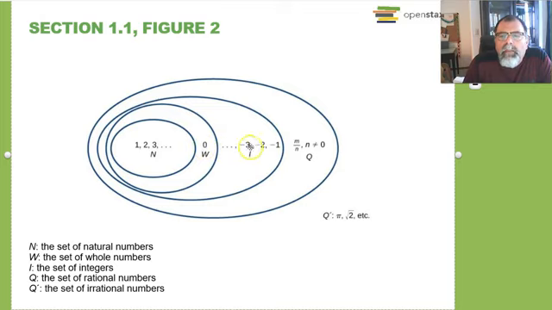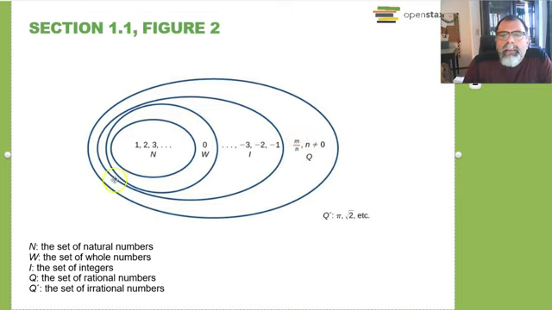Then we added all the negative numbers. That gets us the integers. And we're using I for integers, W for whole, N for natural. And then the set Q is the set of rational numbers. So that's all the fractions that you can write as a ratio of 2 integers.